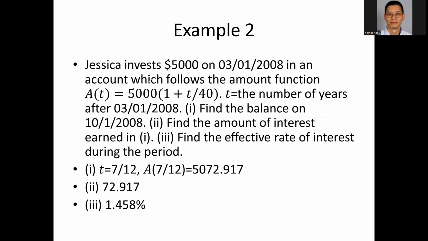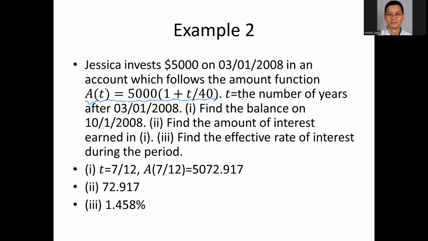All right, the second example. Jessica invests $5,000 on March the 1st, 2008 in an account which follows the amount function capital A(t) equals 5,000, which is A(0), times 1 plus t over 40. So this is our amount function.